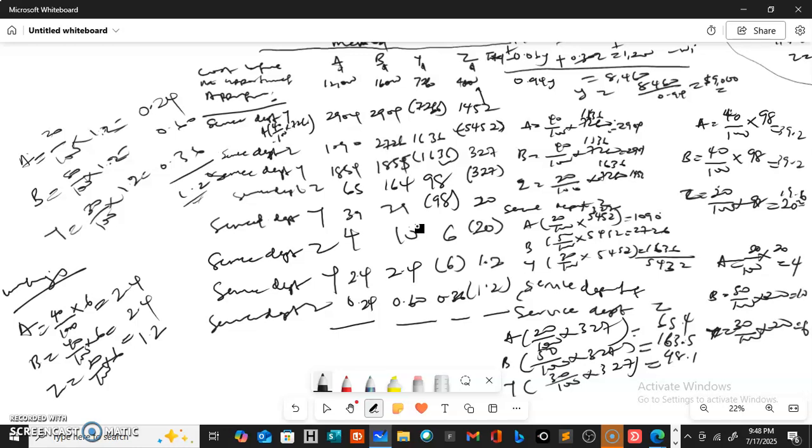A and B. The first one we have 12,000 being allocated.